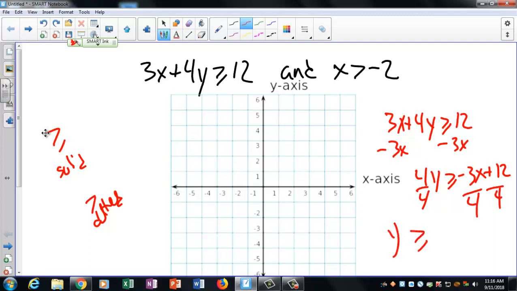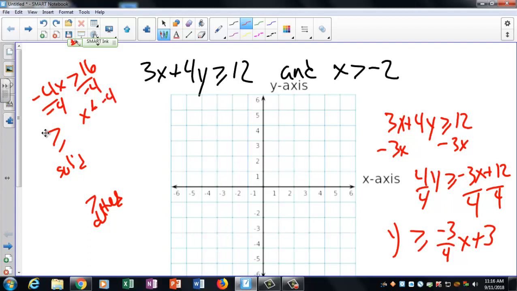Now, just out of curiosity, a complete aside here, what happens if you divide by a negative number? If that 4 had been positive, what would happen? The inequality would rotate. Does everybody remember that? If you divide by a negative number, recall that has to rotate the inequality.